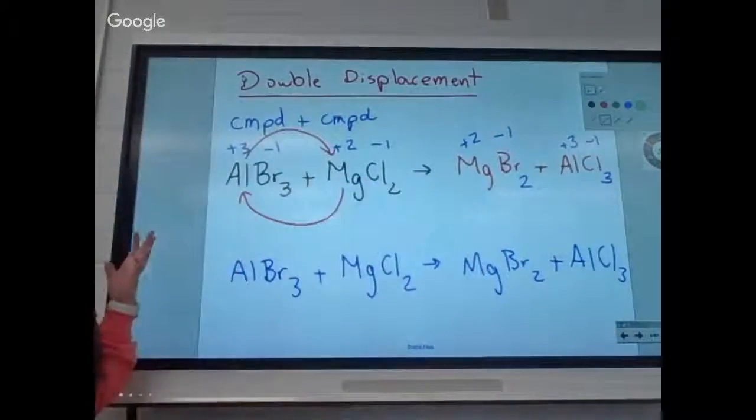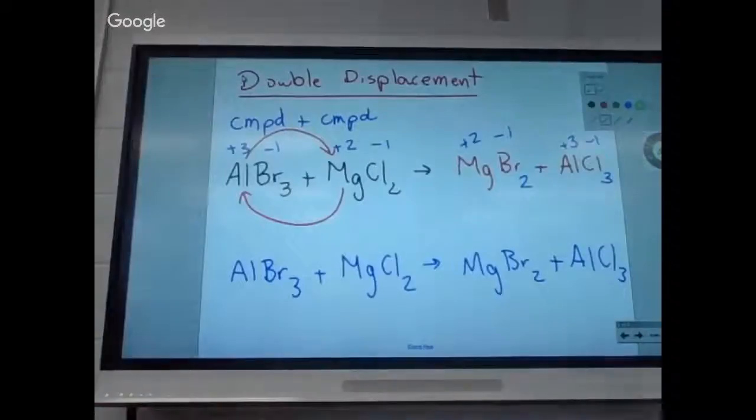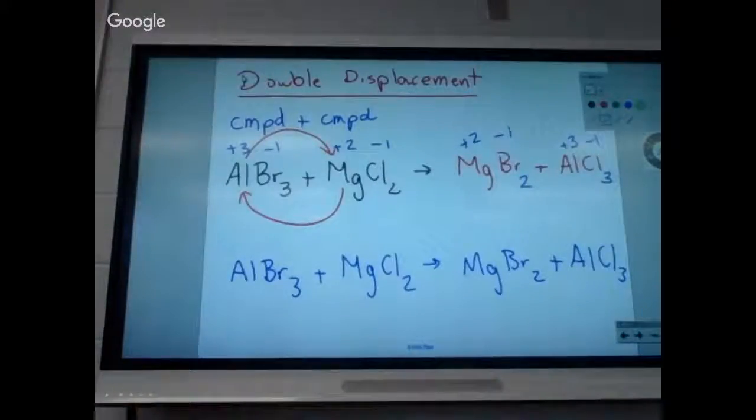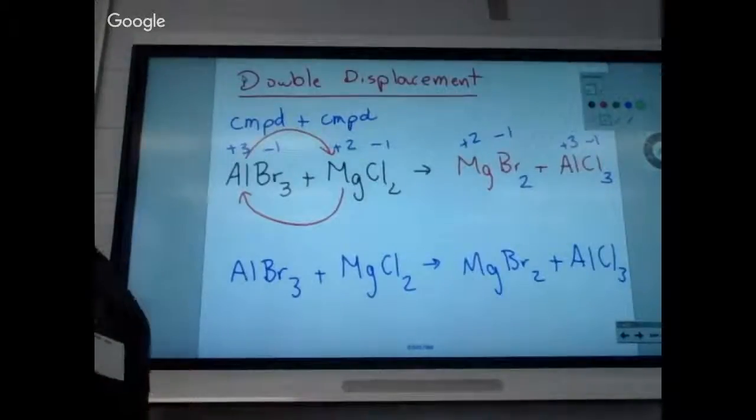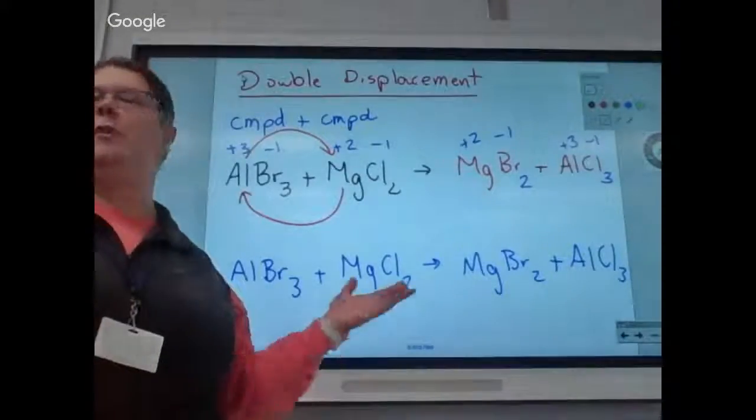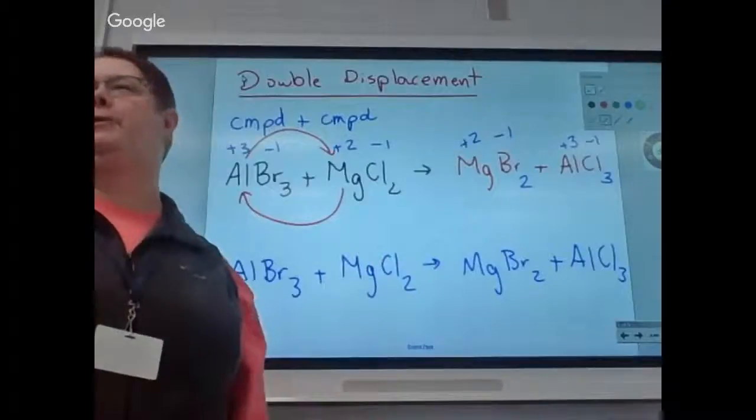Does it matter what I choose to balance with, to start with? No. What did you call those thingies? The 7 diatomics. So we don't have to worry about the diatomics. For double displacement, you will never have to worry about the diatomics because everything will be a compound.